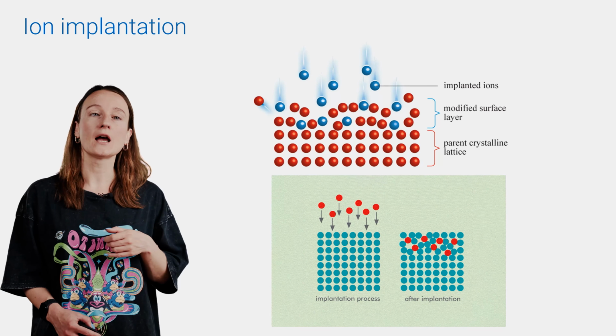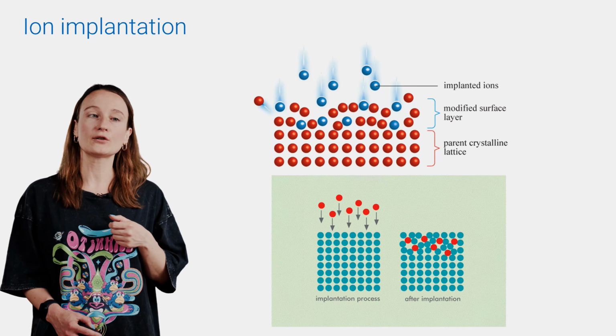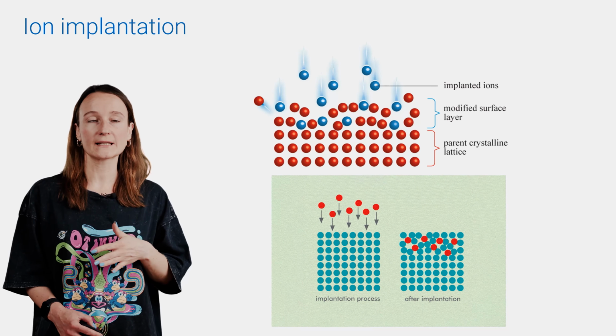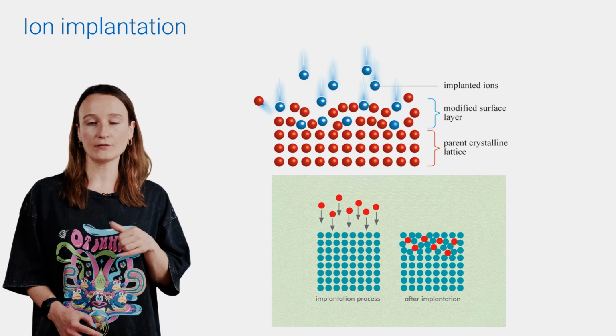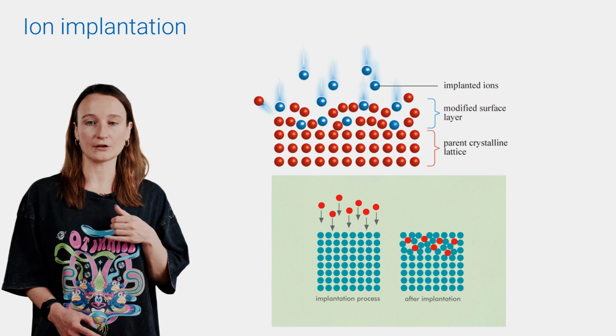The ions are directed to the substrate on which a protective silicon oxide mask can be formed. The protective mask is thick enough for the impurity ions to get stuck in it.